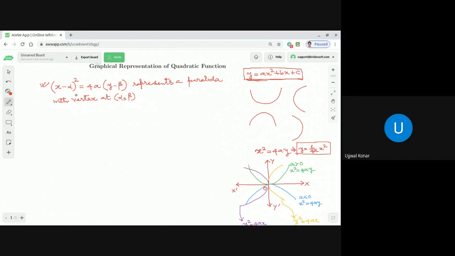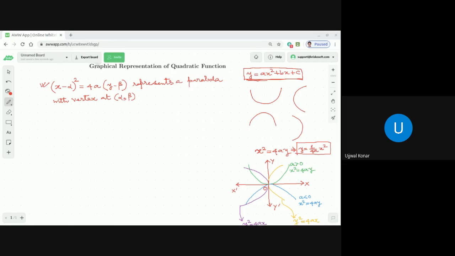As we are going to express y equal to ax square plus bx plus c in this form, it is better to first look at how x minus alpha whole square is equal to 4a into y minus beta looks like. So it will look like this.